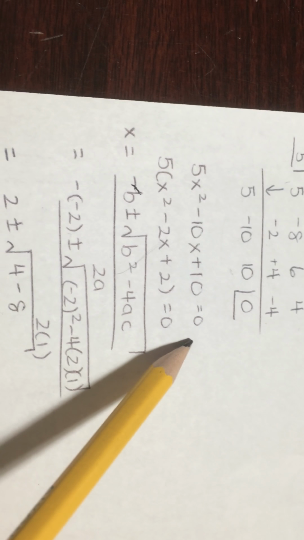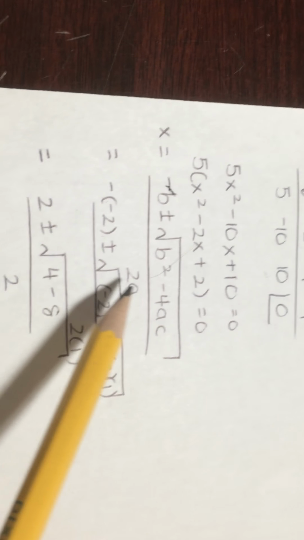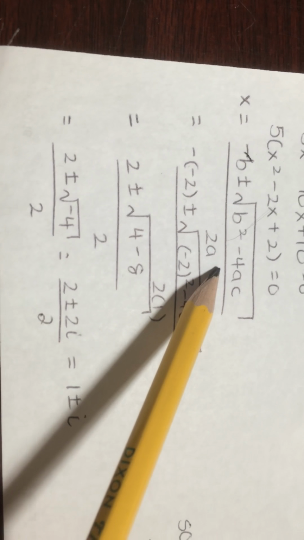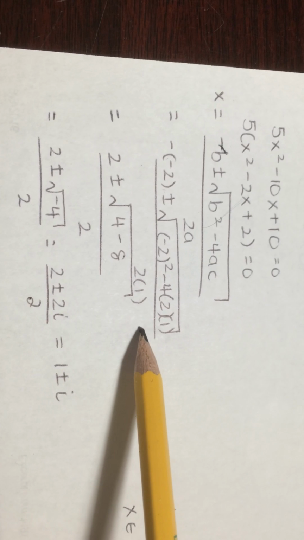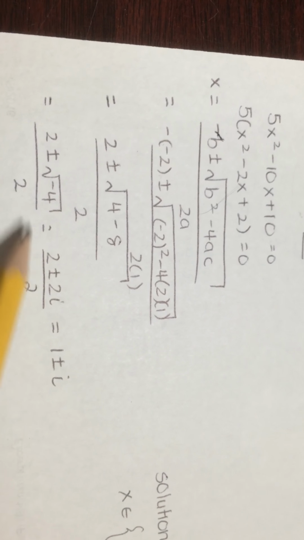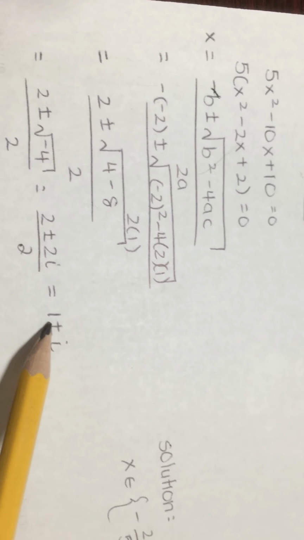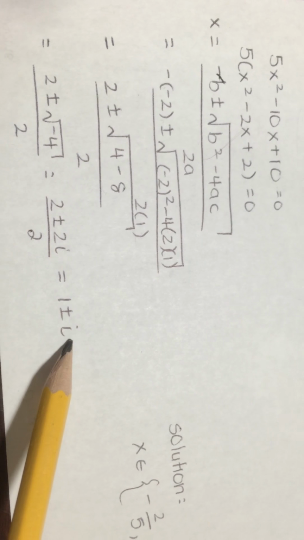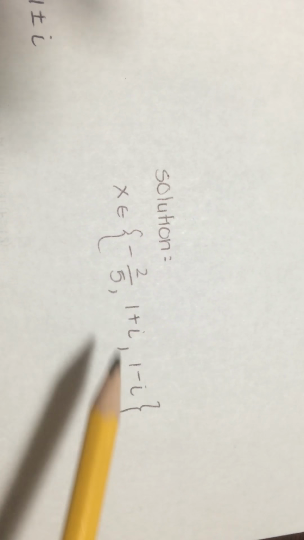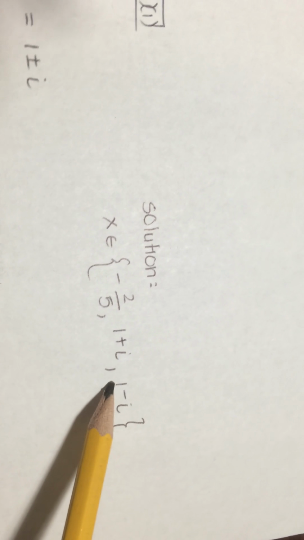Since we know that we have two complex numbers, we can use the quadratic formula to find the complex roots. We plug it in, and we will see that the complex roots are 1 plus i and 1 minus i. So the solution is negative 2 over 5, 1 plus i, and 1 minus i.